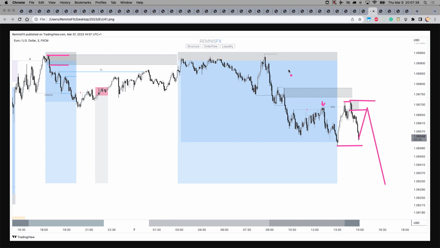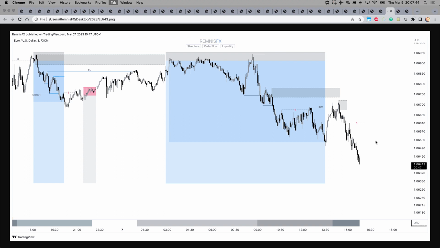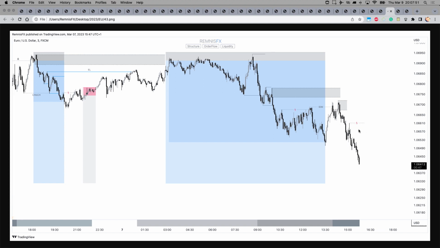But again, because now it's in the middle of a movement, we are a bit more cautious, right? So price attempted to go higher, but instead of mitigating this POI, what happened here? It instead created inducement, and now broke this low here.